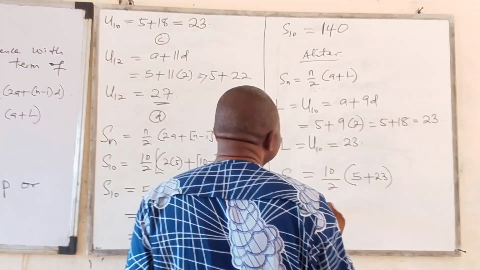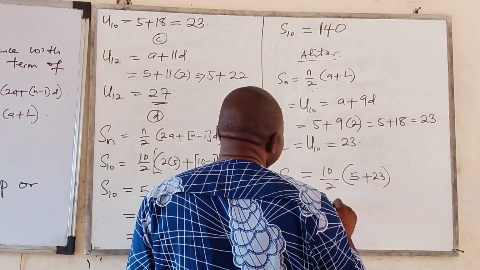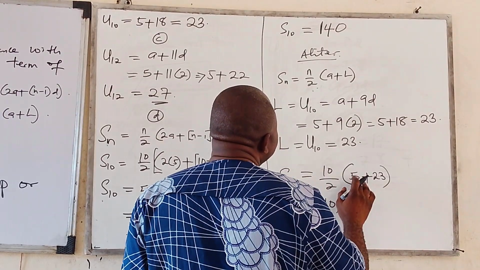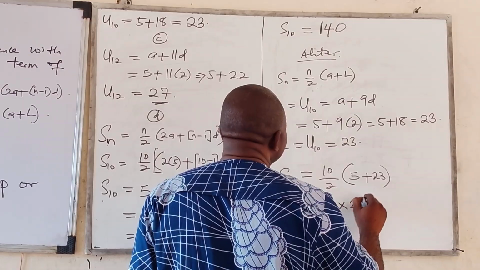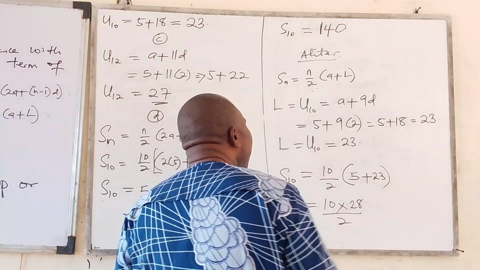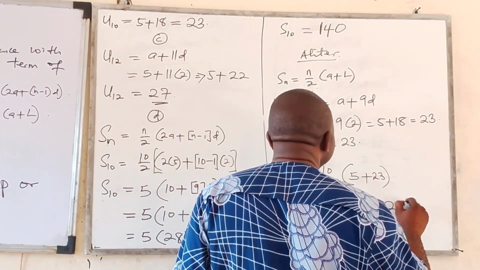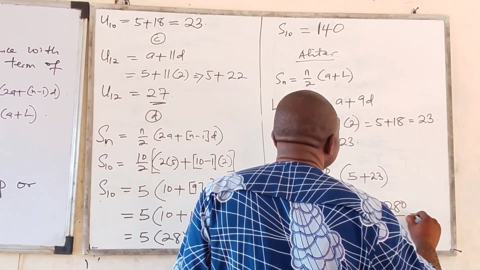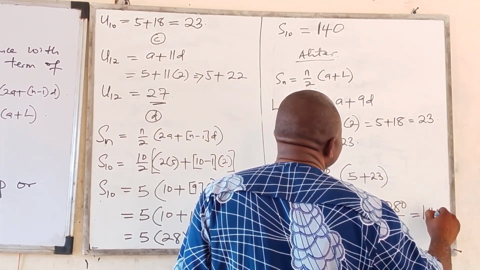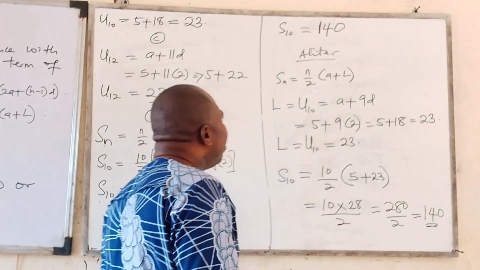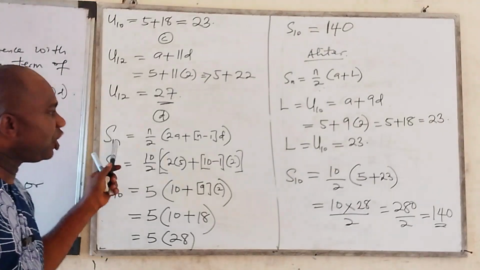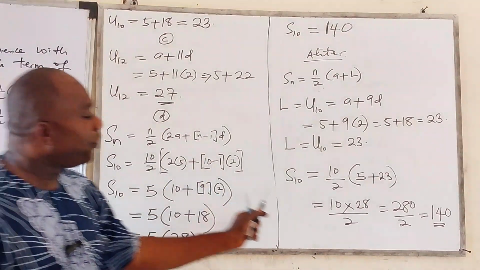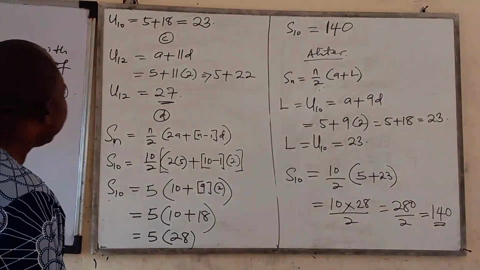So the whole of this will be equal to 10 times 28 all over 2. That will give us 280 divided by 2, which is equal to 140. Yes, the same value we got when we used the first formula. So the sum of the first 10 terms is 140.